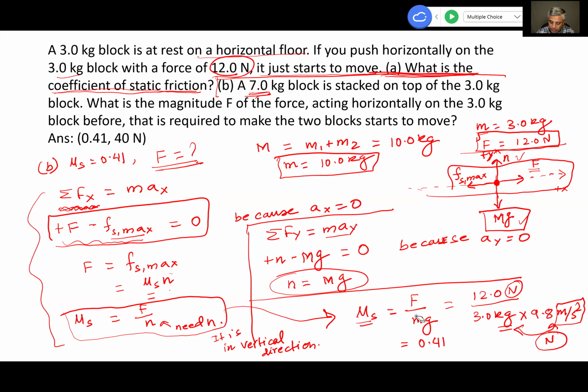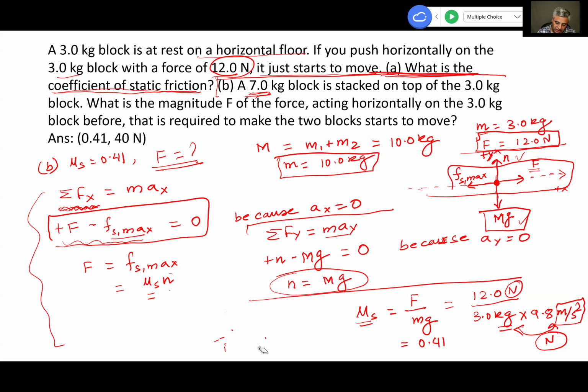So now, in this case, we don't even need this one here because we're not solving for mu s. So all we need is up to this point. So yes, we need n, and for that we go through this.